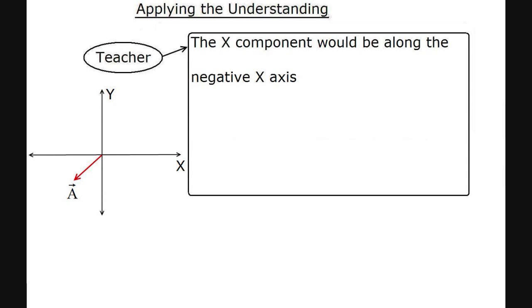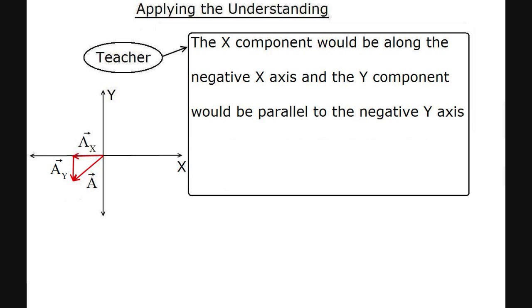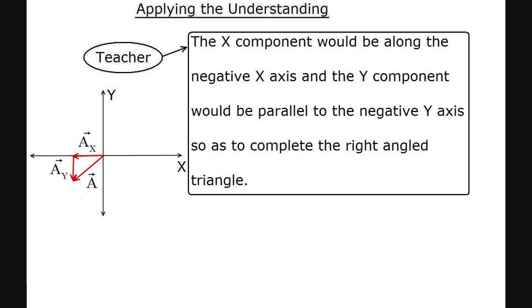The x component would be along the negative x-axis, and the y component would be parallel to the negative y-axis, so as to complete the right-angled triangle.